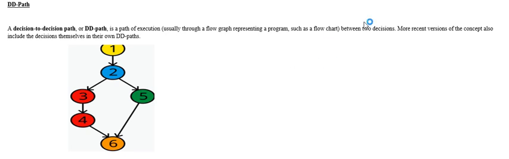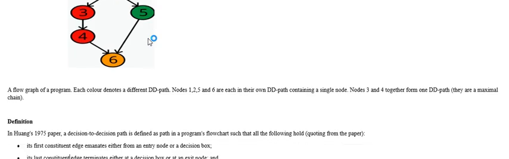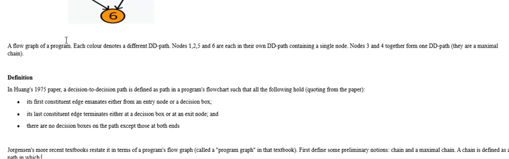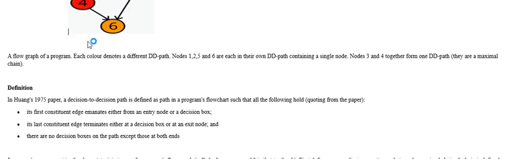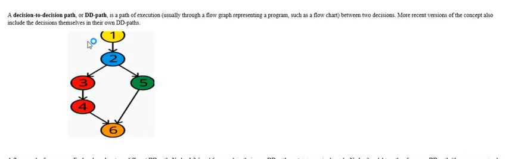The most recent version of the concept also includes the decisions themselves in DD paths. How will we manage it? In the flow graph of a program, each color denotes a different DD path.